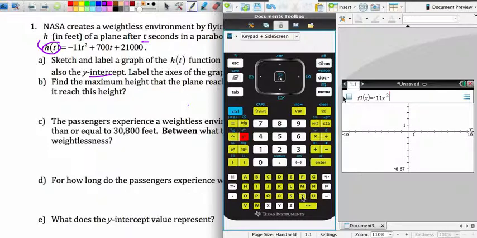The calculator is not programmed to treat that as a variable, and so we must use x, y, and z, which are the only three possibilities. So I'm going to express it in terms of x. So minus 11x squared plus 700x plus 21,000. So the first thing I do, of course, I'm going to hit enter, and you don't see anything at all.